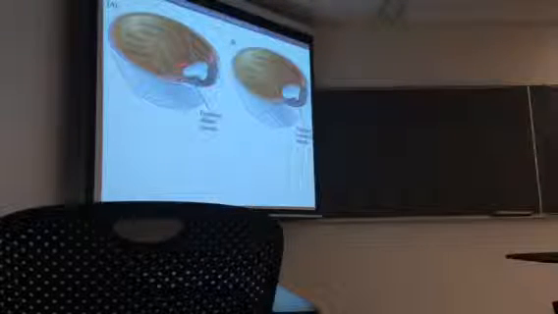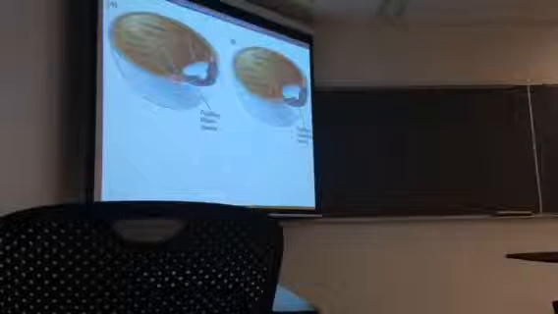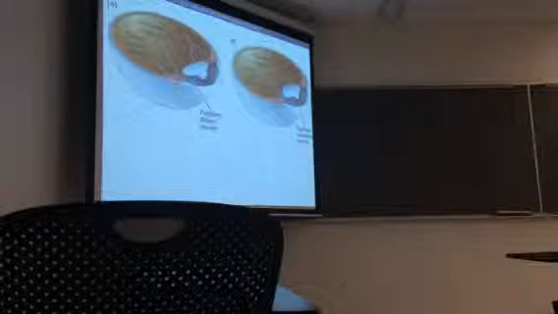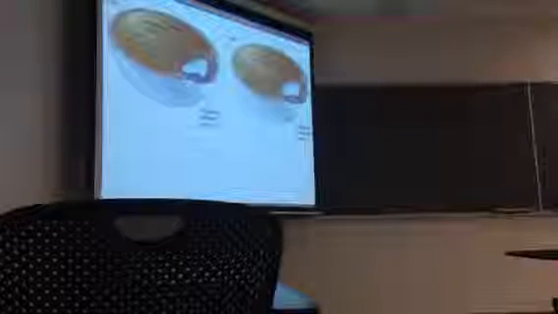I'm not saying when they contract, I'm just saying when these contract or relax, the lens will either flatten or bulge. And then we have the pupillary constrictors in here that will constrict your pupil. Between the two of these mechanisms, you can do things like control the amount of light coming in and change the shape of the lens to allow you to focus up close or distant focus.